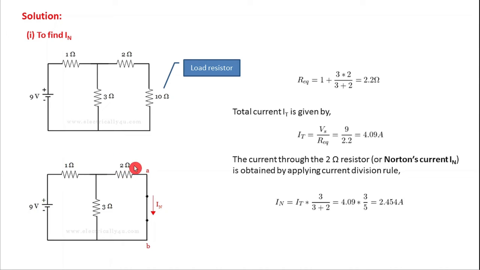The current through the 2 ohm resistor is equal to the total current flowing from the supply multiplied by the opposite branch resistance divided by the total resistance of the two parallel branches. You have to consider the parallel branch alone. So if we apply that, we get the value of the Norton's current. So see here, this is what we have written.